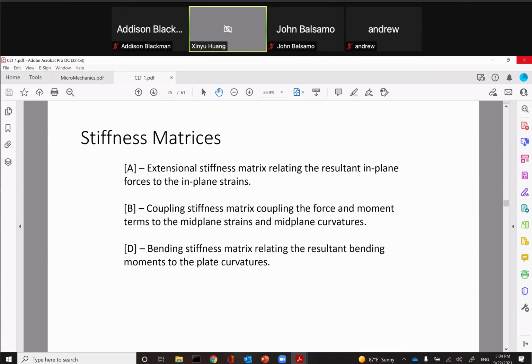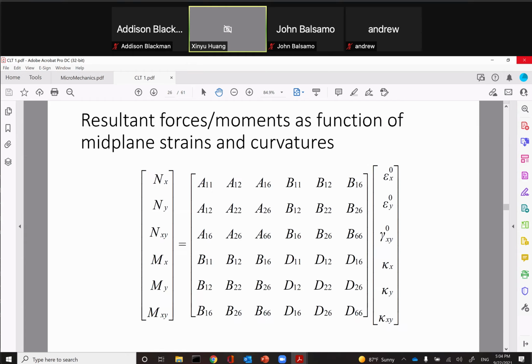Long story short, we just defined the three massive matrices A, B, and D. They have physical meanings, we'll talk about that later. But you can write this out and put them in the same block, applying the same rules for matrix multiplication. The dependence of external load on the midplane strain and midplane curvature can be captured by this 6x6 matrix.